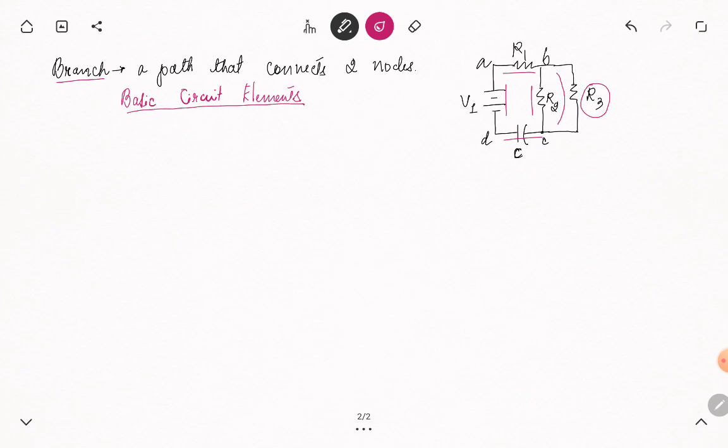Okay, so we know what is a circuit. A closed energized network is known as a circuit, and circuits are commonly divided into two basic types: active elements and passive elements.